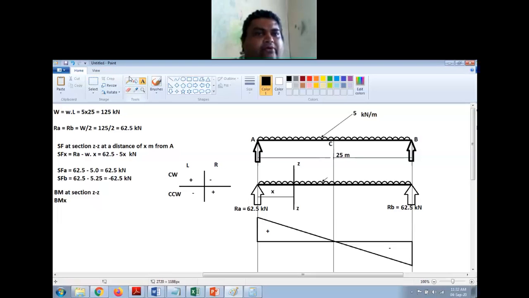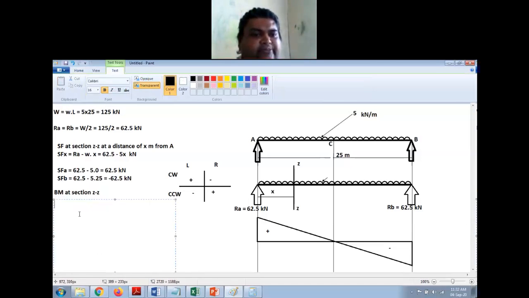Okay, now let us again go back here. I need to find the bending moment at X. I'll get a general expression. So BM at X is equal to, now here I have a reaction which is equal to 62.5 kilonewton in upward direction, and it is making a moment in clockwise direction.